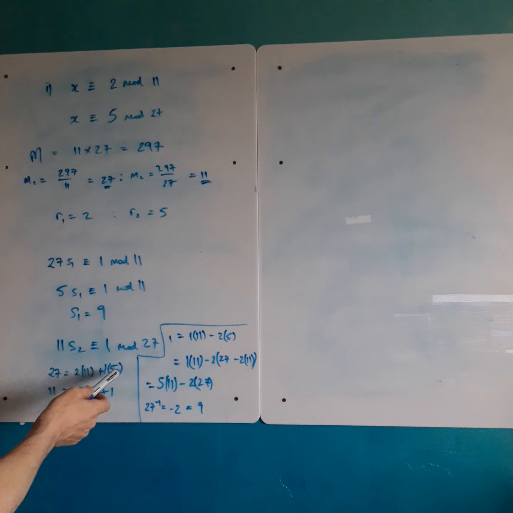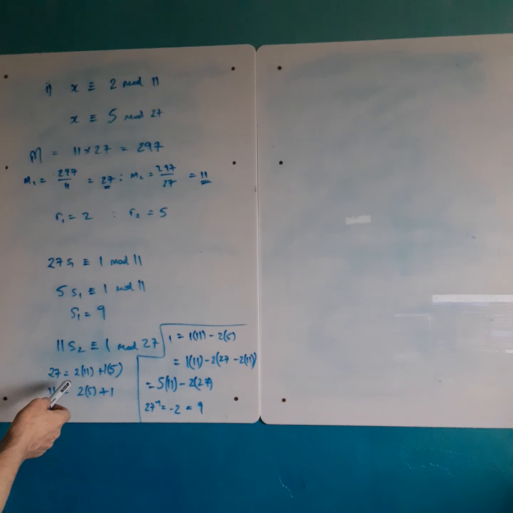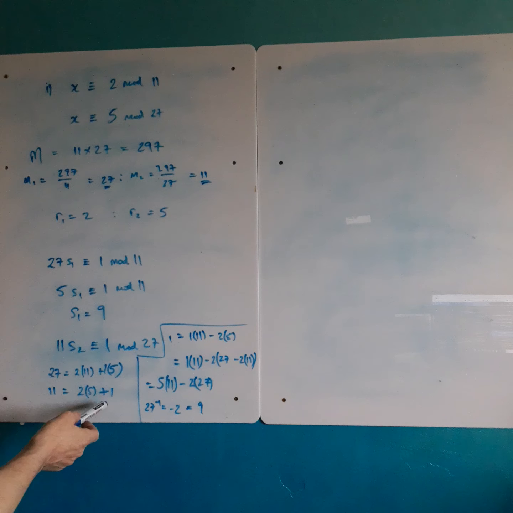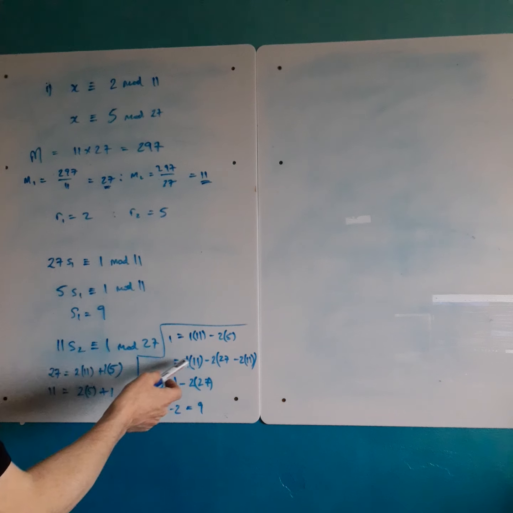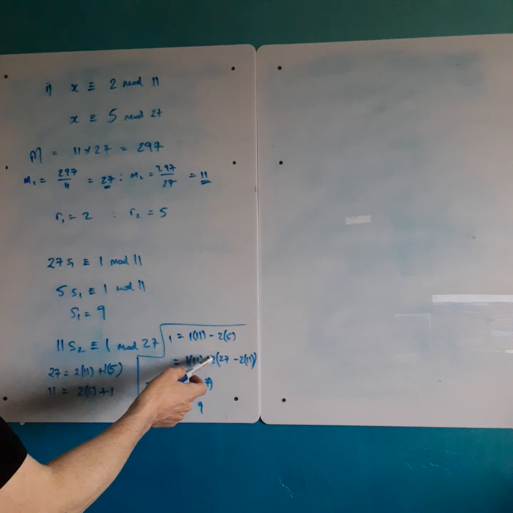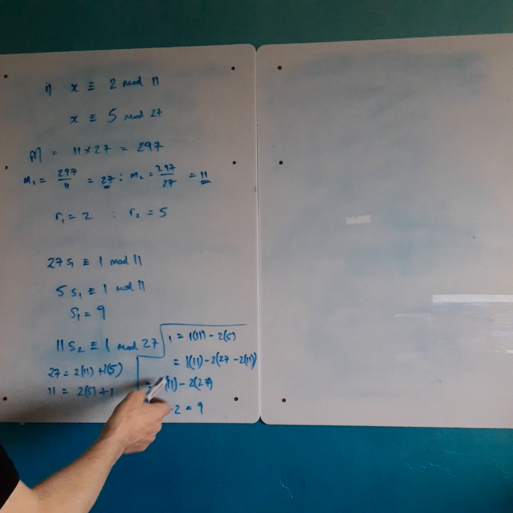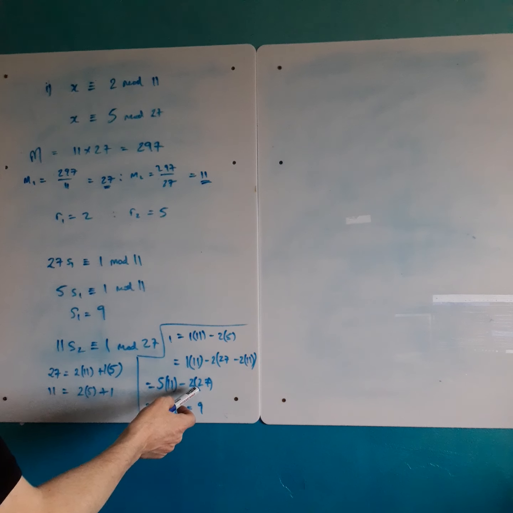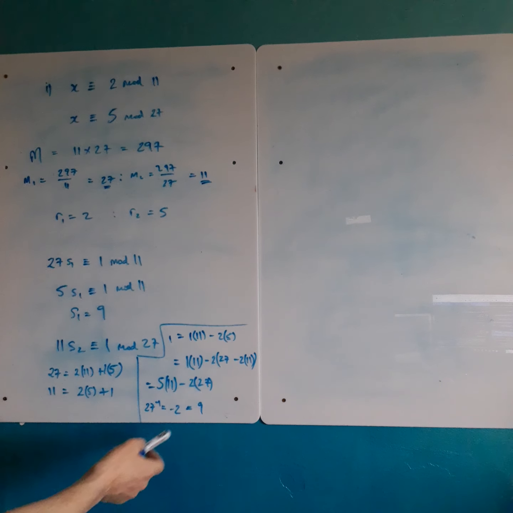27 is 2 elevens plus 5. 11 is 2 fives plus 1. So 1 is 11 minus 2 fives, which is 11 minus 2 twenty-sevens minus 2 elevens. So that's plus there. So it's 5 elevens minus 2 twenty-sevens. I can see where I went wrong.